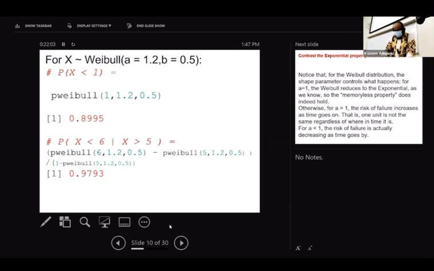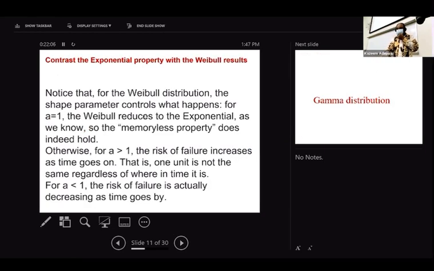Okay. And I put a takeaway here. I said, when A equals 1, that is when the shape parameter equals 1, where A is the same thing as alpha, then the Weibull distribution actually reduces to exponential. And of course, when you have exponential, then you have a memoryless property.